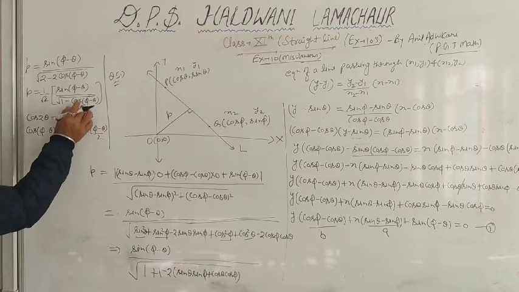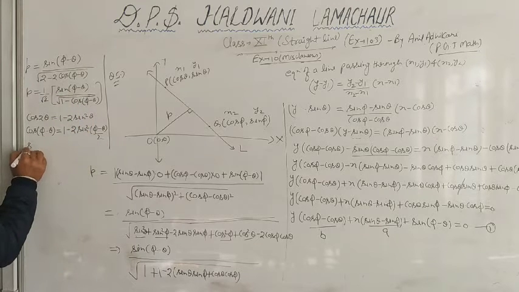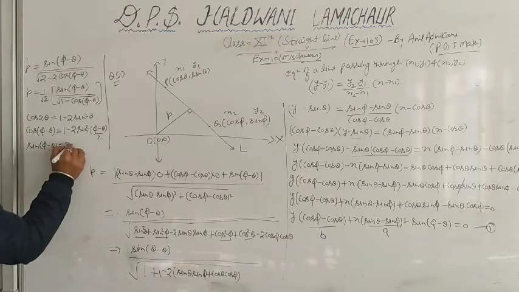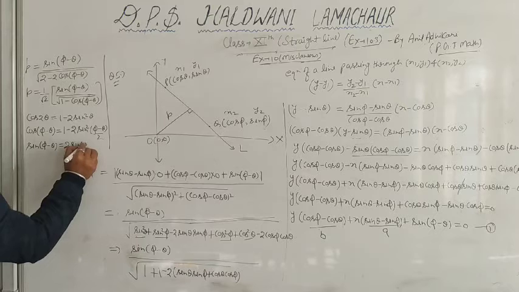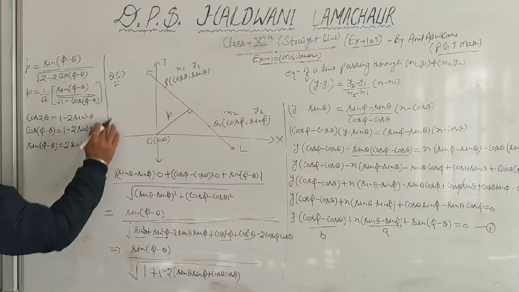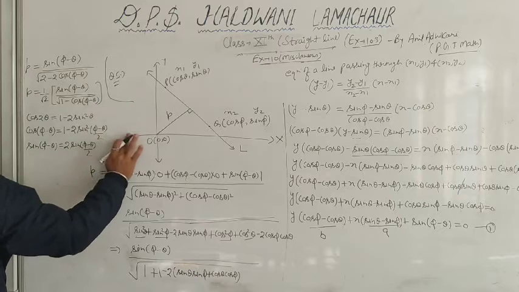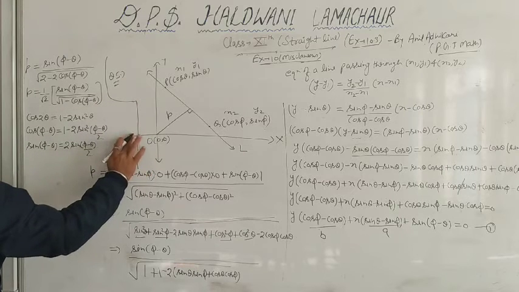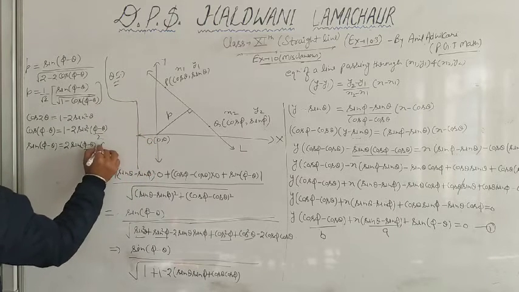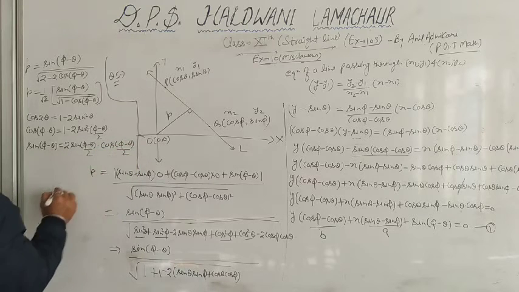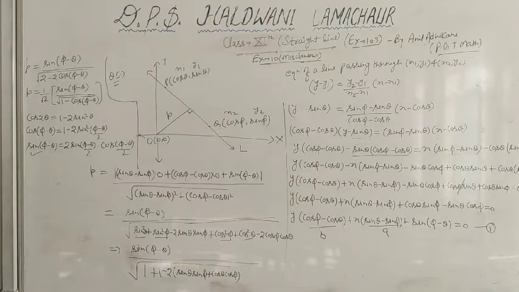So we can substitute it here, and similarly sin phi minus theta can be taken as 2 times sin phi minus theta by 2 times cos phi minus theta upon 2. So this is the formula for sin phi minus theta, and this is the formula for cos phi minus theta.